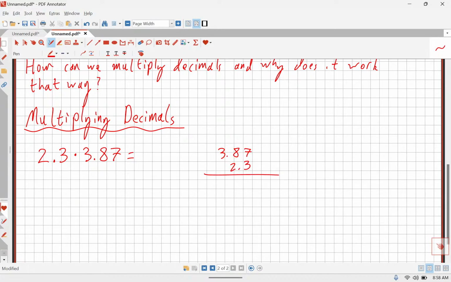Now, I'll tell you guys, this is definitely a way that you can do it. I'm going to tell you, though, that my head starts spinning when I try to do it this way personally, because I'm thinking 3/10 times 7/100 is 21 thousandths. So I have to remember that's the thousandths place.